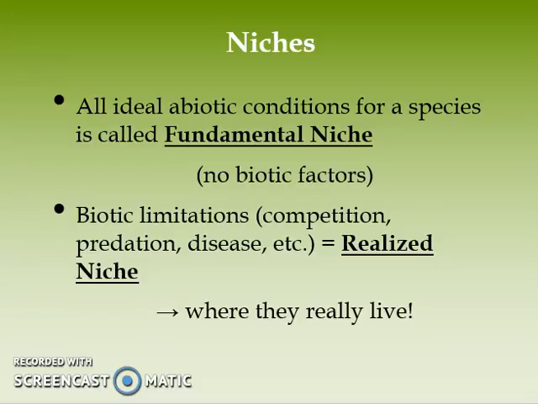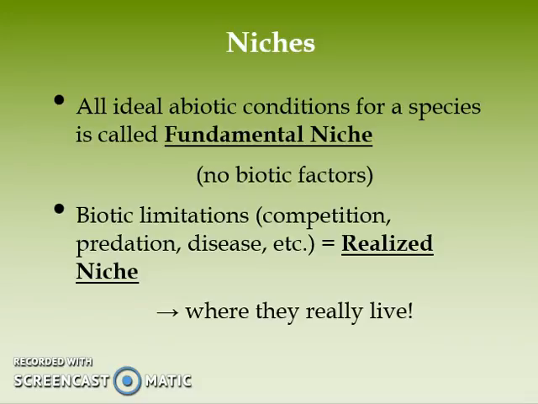But that does not take into account any of the biotic factors, the other animals, the competition, predation, disease, those kinds of things. When we add in the biotic limitations, now we get the realized niche. The realized niche is where you actually are going to find them. Fundamental niche is where they theoretically could be, where the abiotic conditions are right for them.